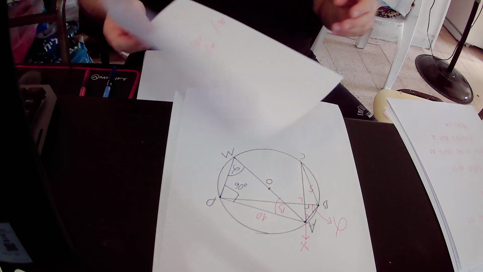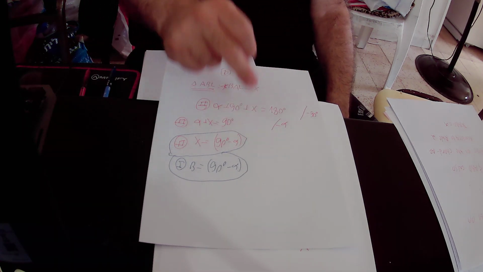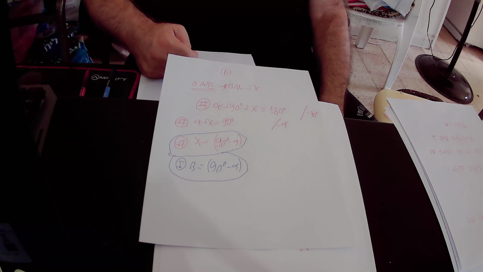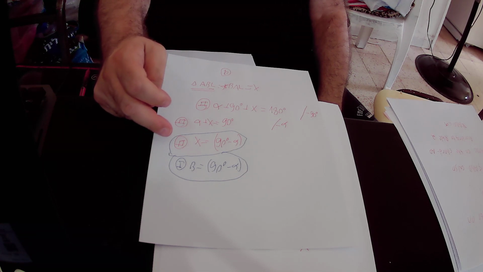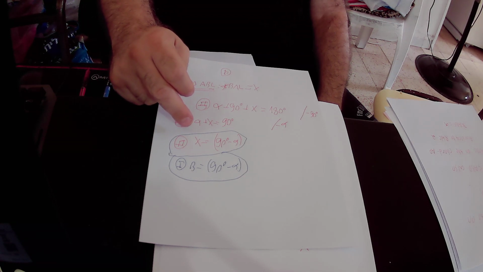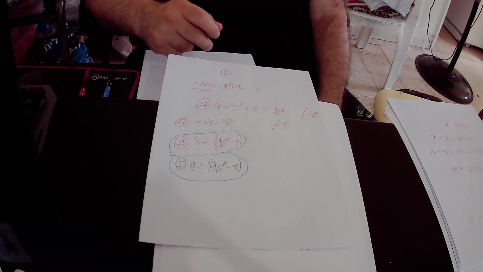Okay, according to equation number 1, beta also equals 90 degrees minus alpha. From equations number 2 and 1 together, we can deduce that beta equals x, or we can do it the long way.